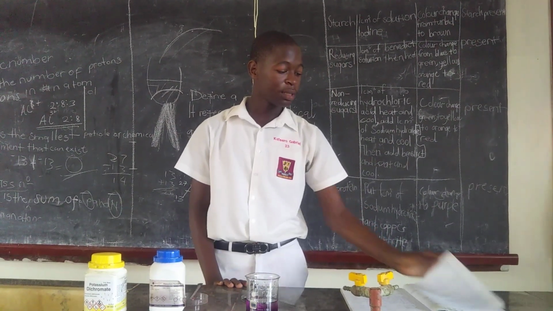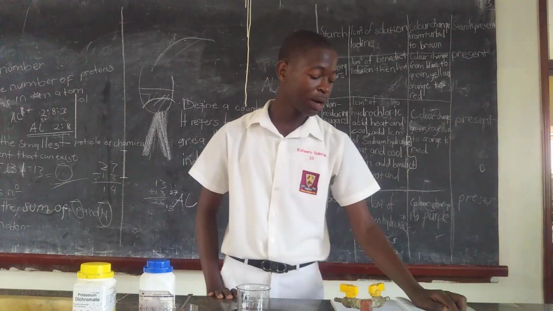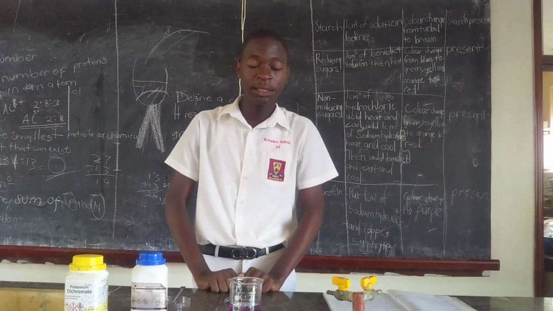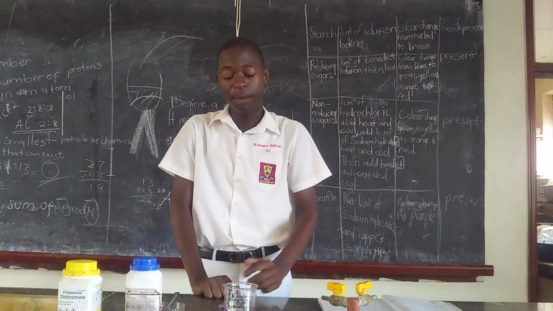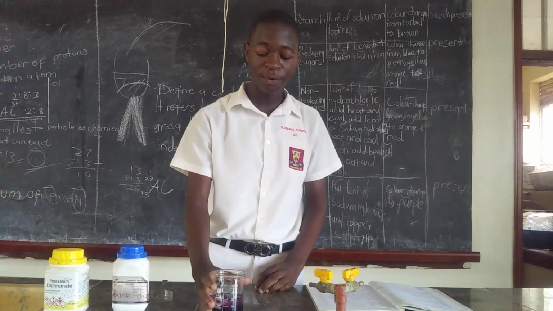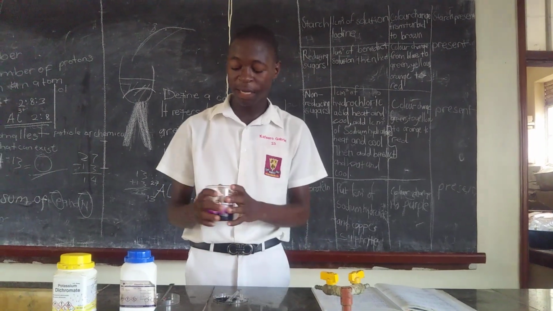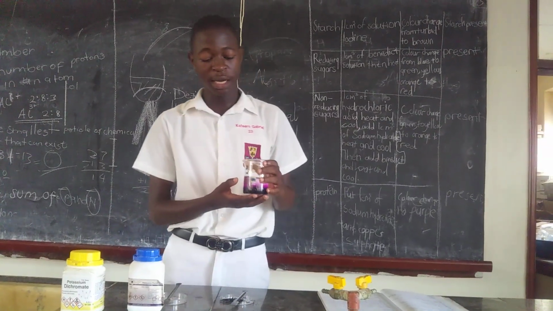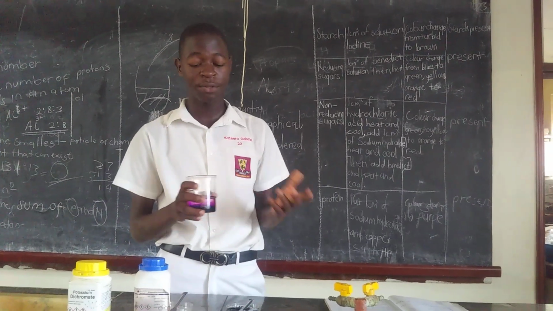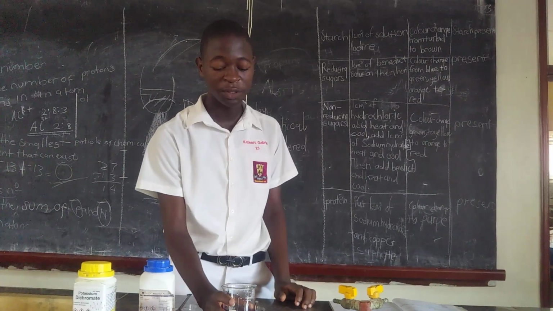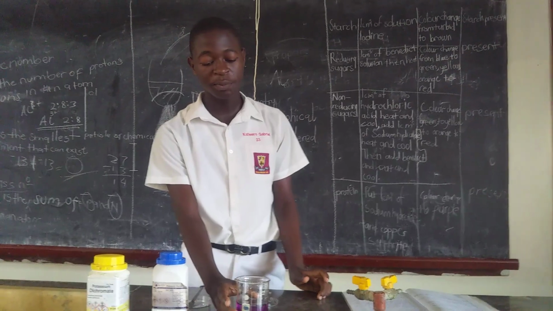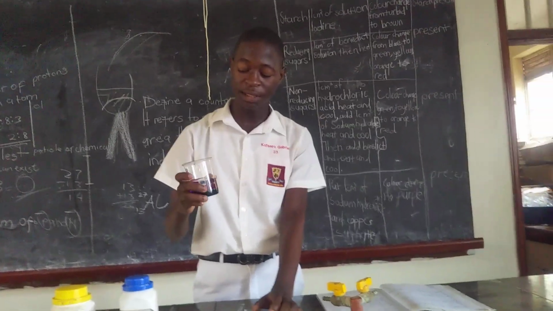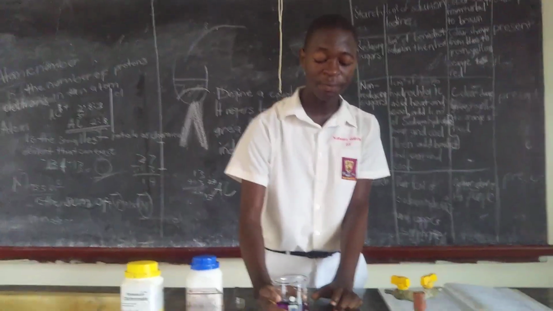Our fourth step is saying, predict what will happen if the beaker is heated with a burner. For now we don't have a burner around here, but we can predict using some scientific theories. So I can predict what would happen to this beaker containing potassium permanganate with half-filled water.